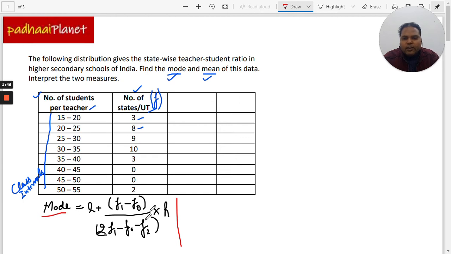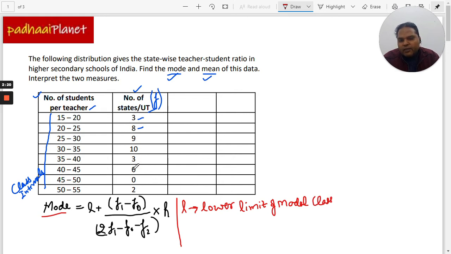Now let's understand what these terms actually mean. L is the lower limit of the modal class. What is the modal class? The modal class is the class interval which has the highest frequency.